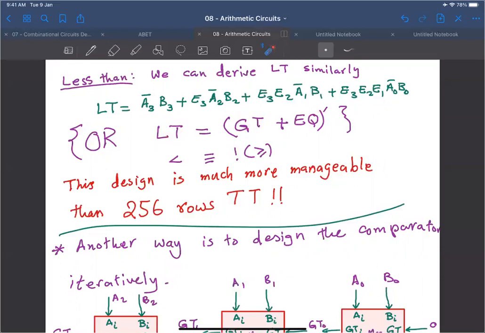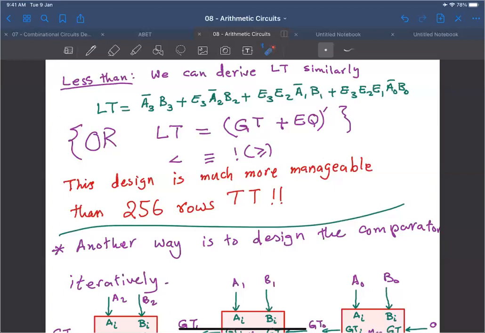This is by logic: if something is not greater than or equal to, it is less than. So if A is not greater than or equal to B, then A is less than B. And we said that this is much more manageable than dealing with a 256-row truth table.